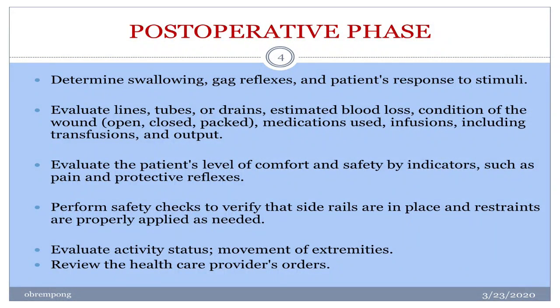So you have to let them show you how they're experiencing pain and other reflexes. Perform safety checks to verify the side rails are in place and restraints are properly applied as needed. So the side rails of the bed are lifted just to make sure that the patient is restrained and prevented from injuring themselves by falling. Evaluate activity status, movement of extremities, and review the healthcare providers' orders.